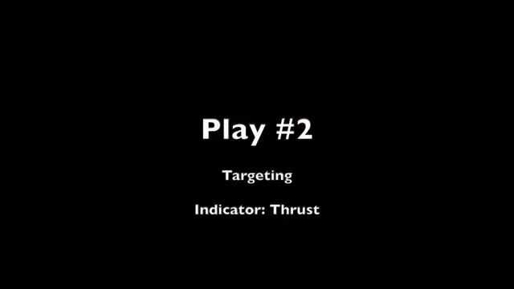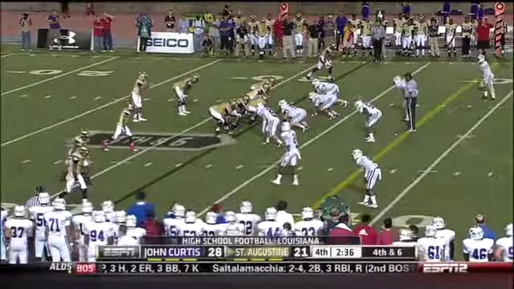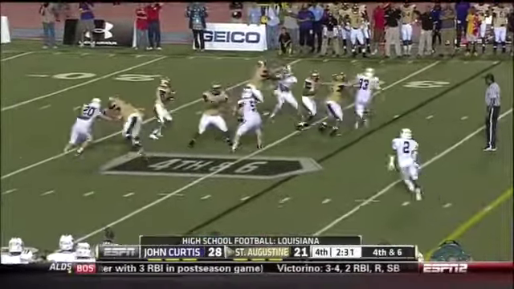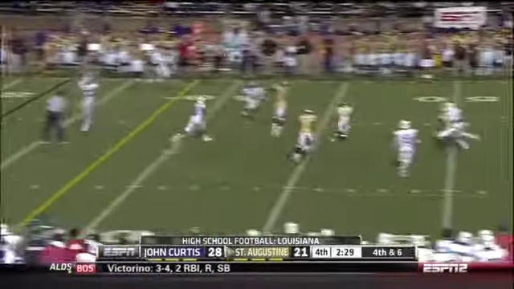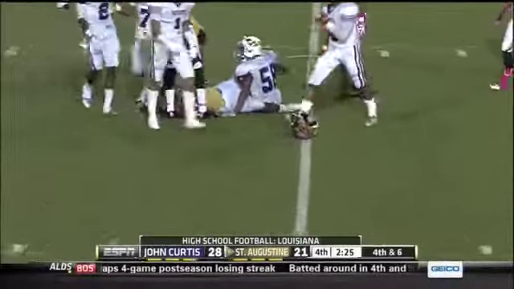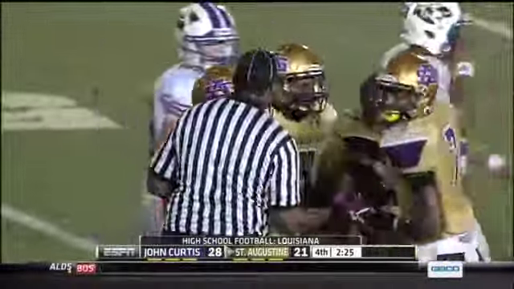Play number 2 is a more classic example of targeting, in which we have a receiver catching a pass across the middle, takes about a step and a half, and then is hit high above the shoulders. And the key thing to focus on in this example is one of our other targeting indicators, and that is a thrust.